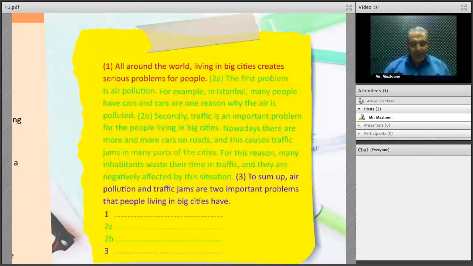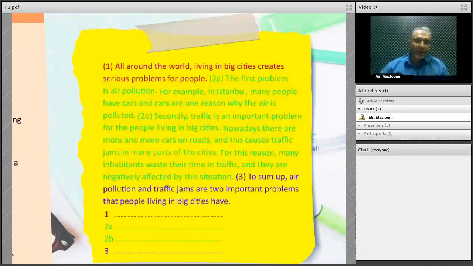To sum up, to summarize, to conclude, in short, air pollution and traffic jams, when there are a lot of cars on the street, we call it a traffic jam, are two important problems that people living in big cities have. And this is our concluding idea, concluding sentence.